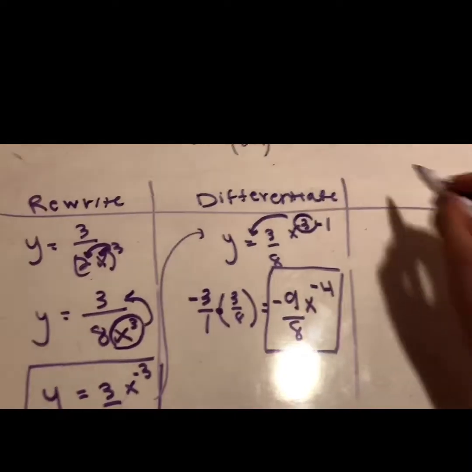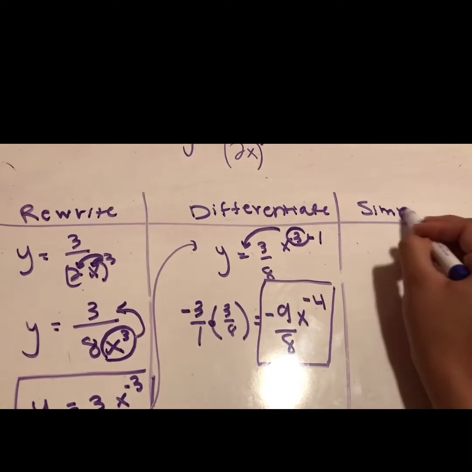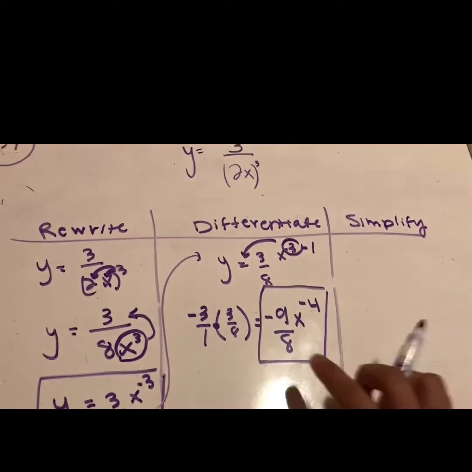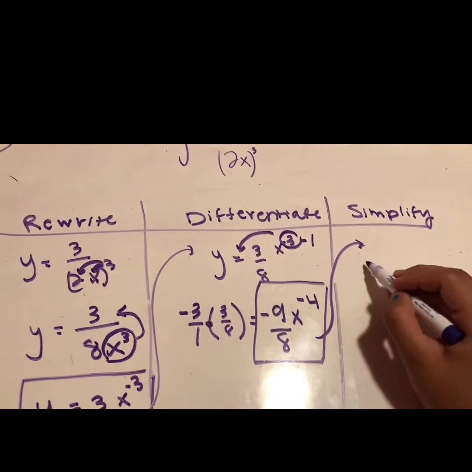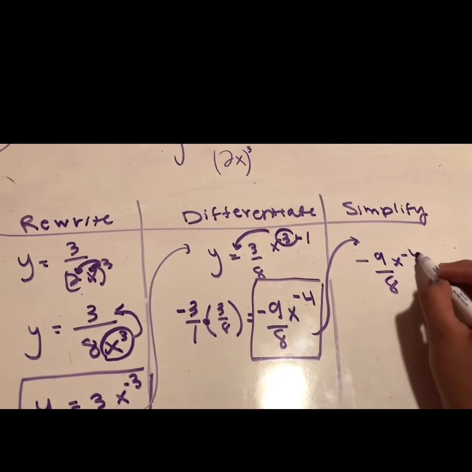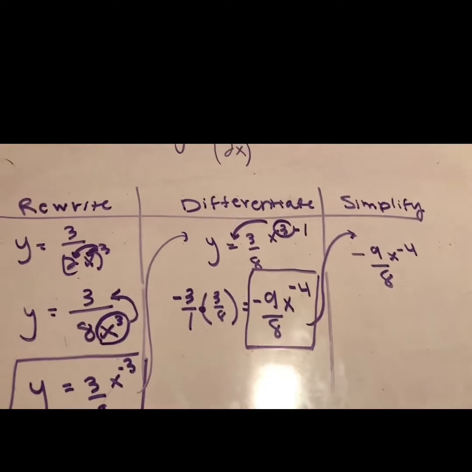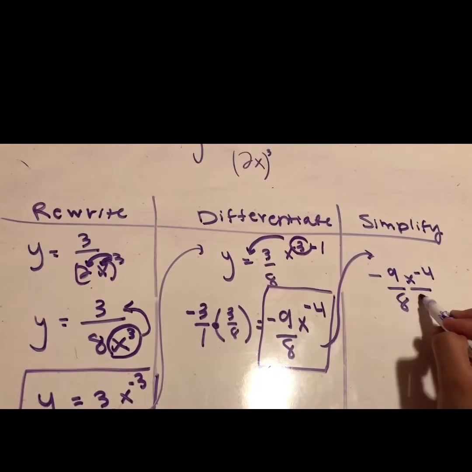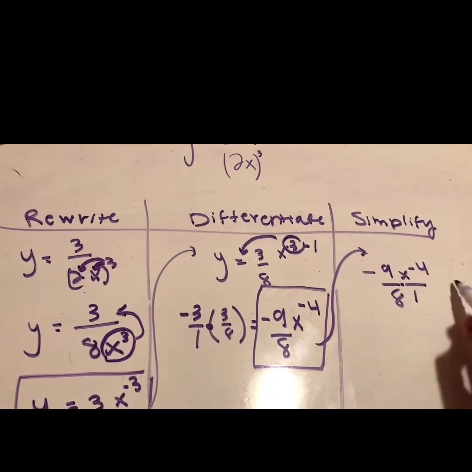And now for the last column, we have to simplify the problem. So we can rewrite this right here, and that would be negative 9 over 8 x to the negative 4. Now here, what we don't want is a negative term. And here we see that this is negative, so as I mentioned before, we can combine it.